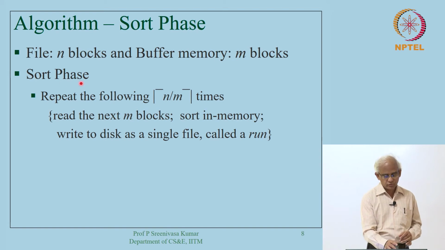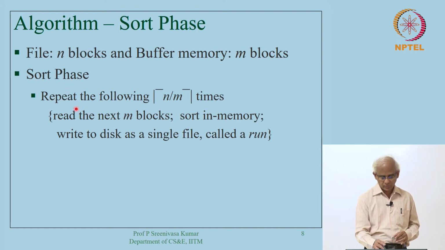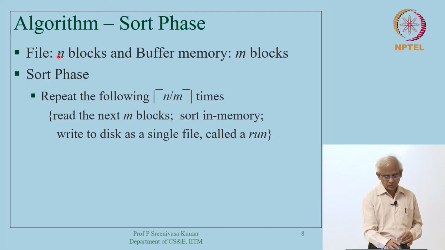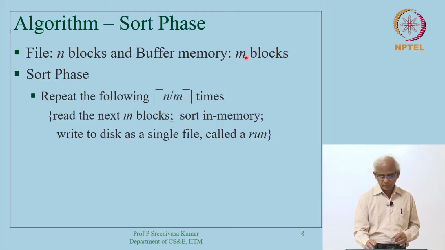So in the sort phase, if there are n blocks, we can read m blocks into memory at a time. In order to read all the blocks of the data file, we will take n over m iterations. So repeat the following ceiling of n by m times.